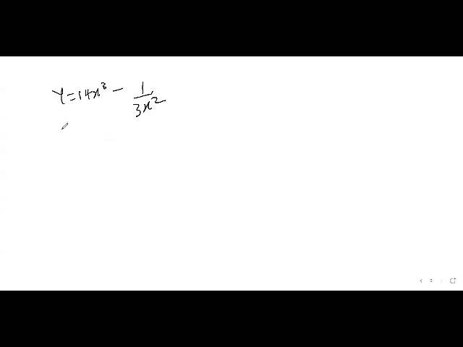We're asked to find dy/dx. Simple. Before I start finding dy/dx, let me rearrange everything. This guy has to go up so that it will look like the standard. So the 1 over 3 is still there, but the x squared goes up. And when it goes up, the power becomes a negative power. If it comes back down, the power becomes positive. If it goes up, negative, and so on.